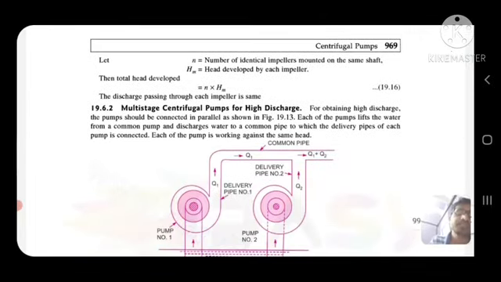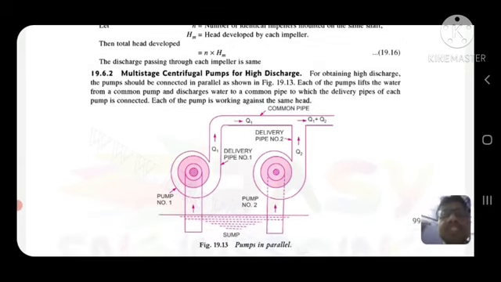Now, N is equal to number of identical impellers mounted on the same shaft. Hm is equal to head developed by each impeller. The total head developed is N into Hm. The discharge passing through each impeller is the same.